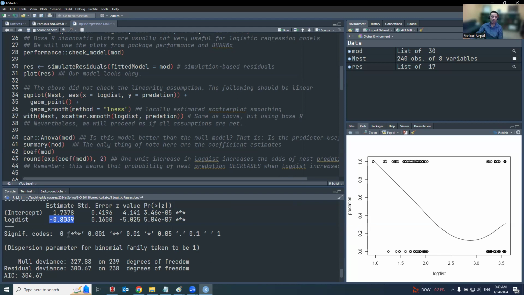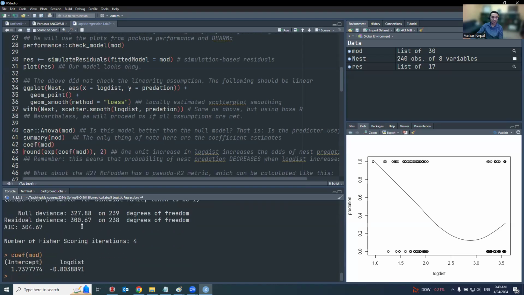Just like before, when we were comparing general linear models with ANCOVA or linear regression, we looked at whether the slope was different. That is what this is checking also. Okay, so we can access these estimates directly by using the function coef, which we do in the next line.